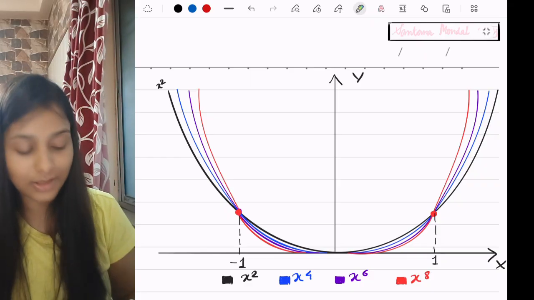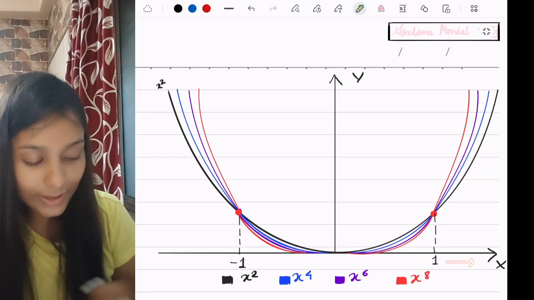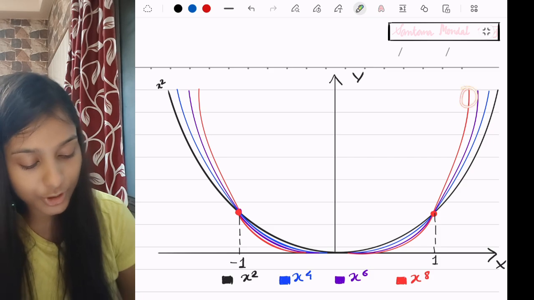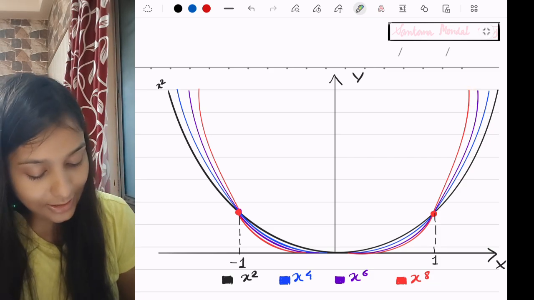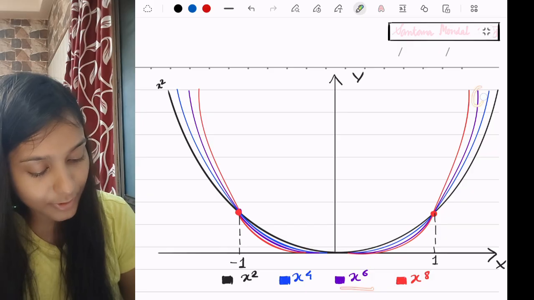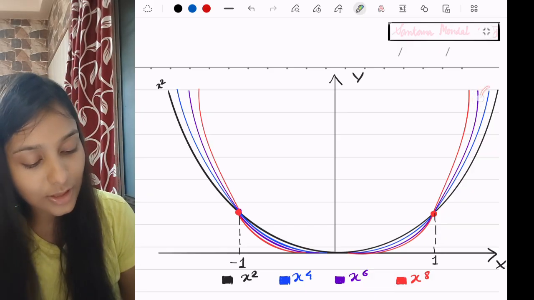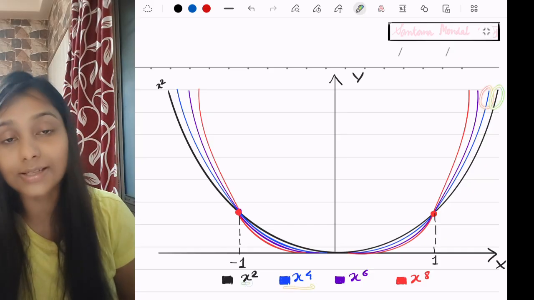This happens between minus 1 and 1. Now, after 1, the red function, which is the x power 8 function, becomes the highest one. Then the purple function, x power 6, becomes the next highest. Next comes the function x power 4, and lastly comes the function x square.